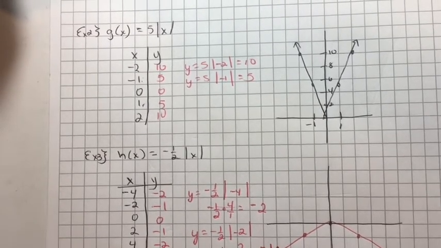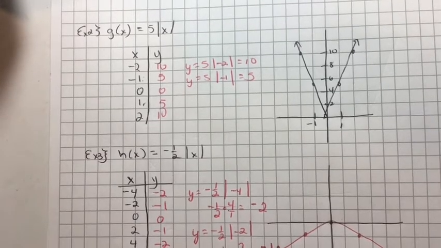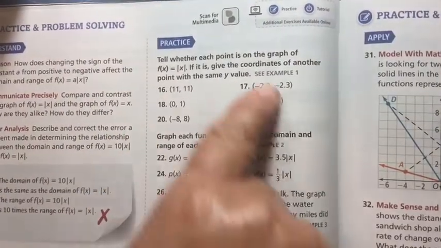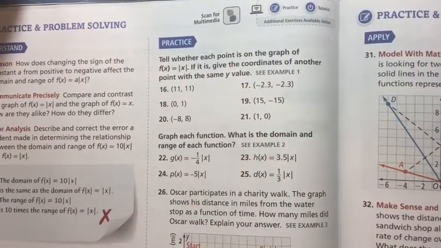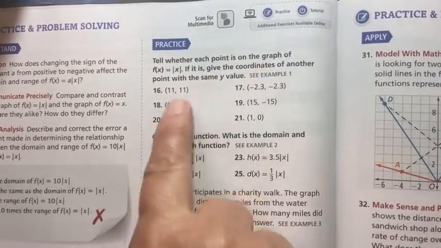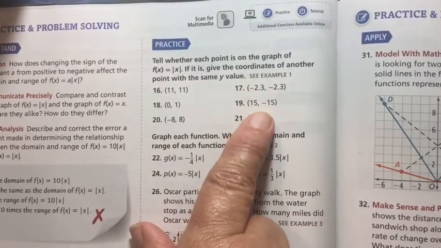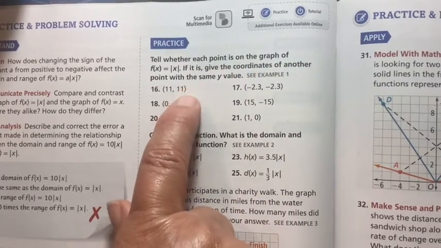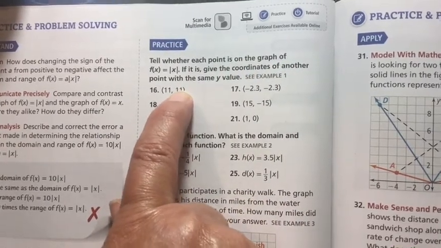Your homework is going to be on page 188. You're going to be doing this section right in here. Okay, for these, you're going to give me a yes or no answer. If you have a yes, I want you to pick another point that's going to give the same answer.